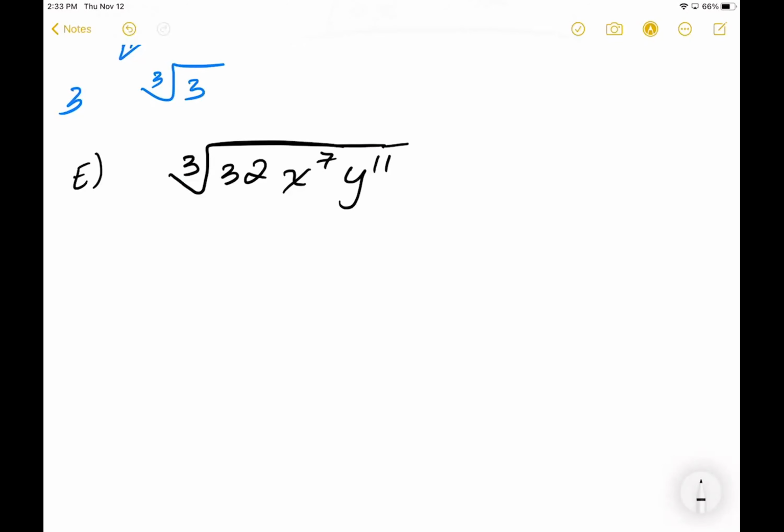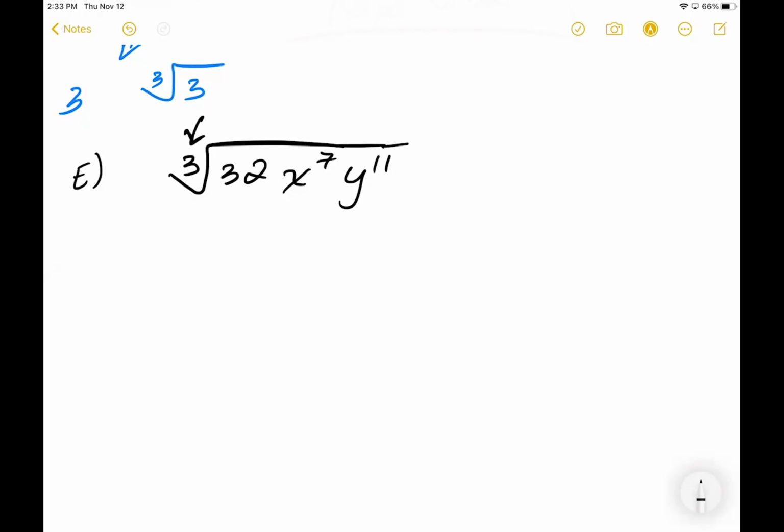How do you simplify a radical where there's a number together with the exponents? You treat yourself to the basics of this. The basic of this thing is, we want to see what can go outside. And in order for you to take anything out, you need a group of 3 because it's a cube root.